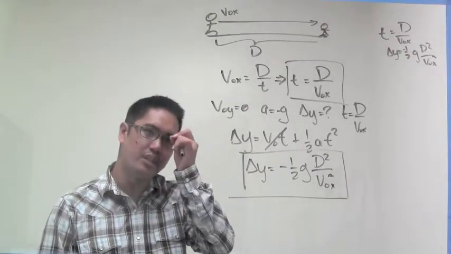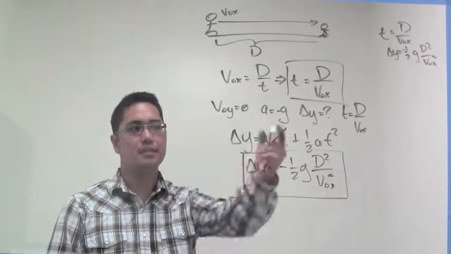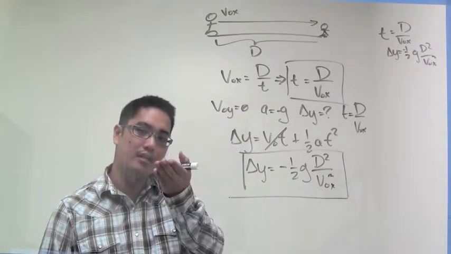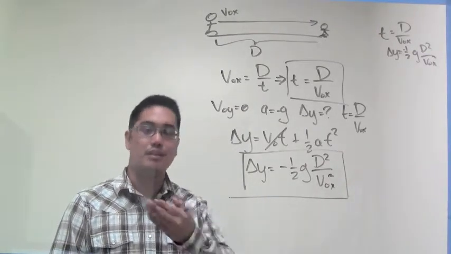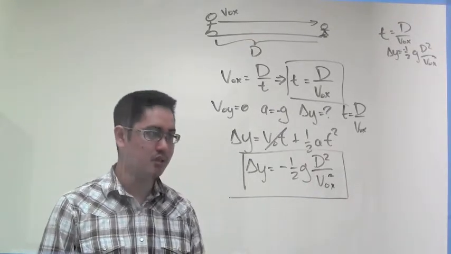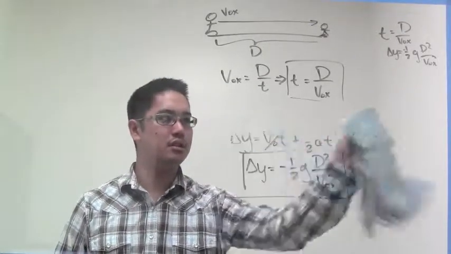How much velocity did it gain in the vertical direction? Gravity is pulling it down. So it starts off with 0 velocity, but then it increases because gravity has had 0.3 seconds to act on it. That's pretty straightforward as well.